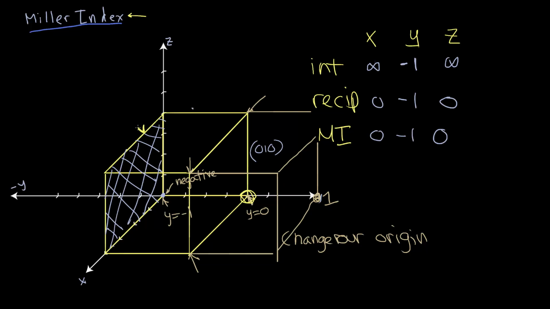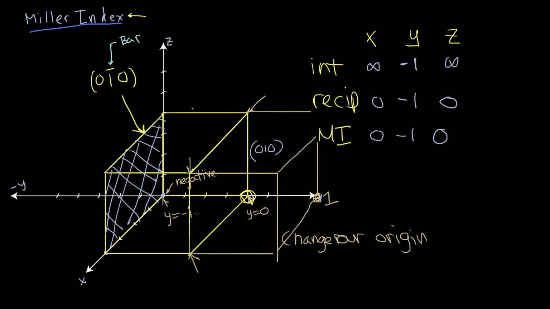So we would call this plane the 0, 1 bar, 0 plane. If you recall, we denote minus values, negative values in the index, as bar. And even though we changed our origin, this is still okay.